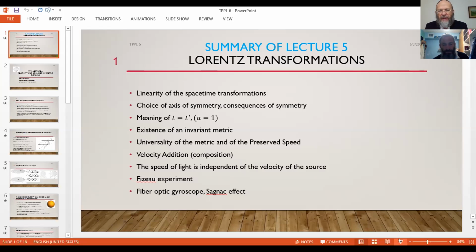Logically, you can assume it is not so, because you are comparing two different things: time on one clock and the space-time transformation on the other system. We have shown that in this case you have an invariant metric, and we found it, and this metric is universal, independent of the transformation between the two systems.